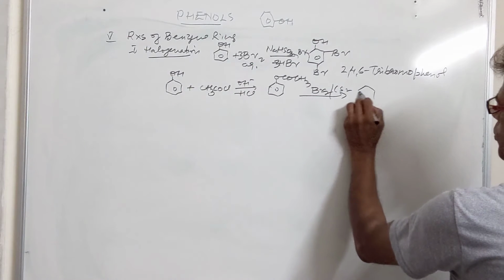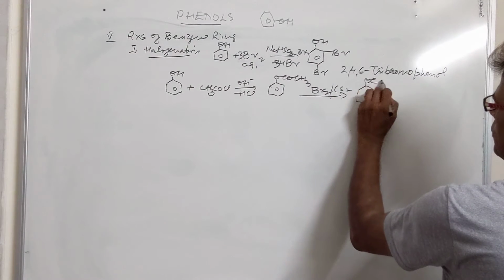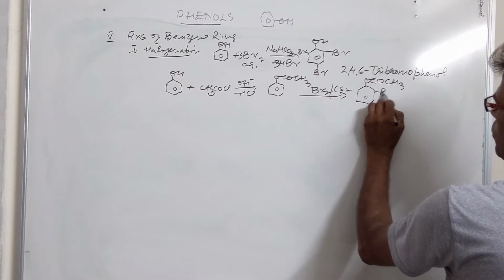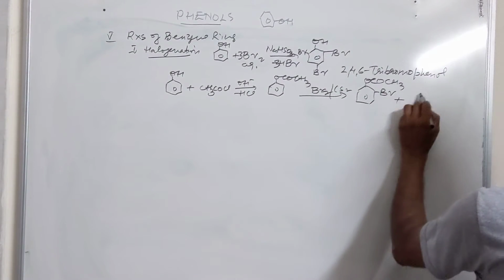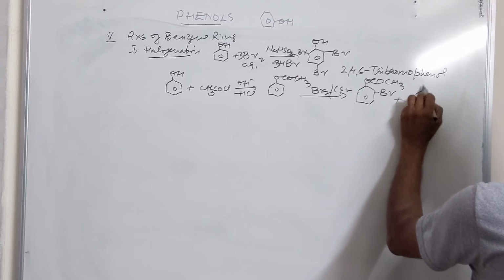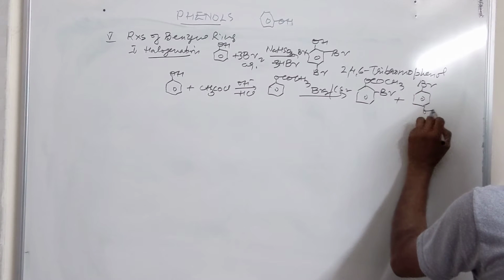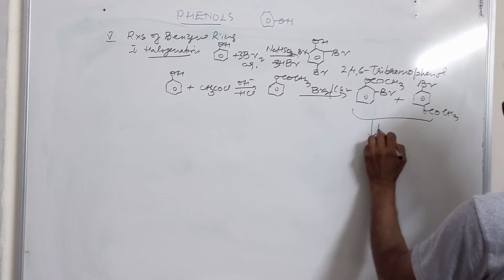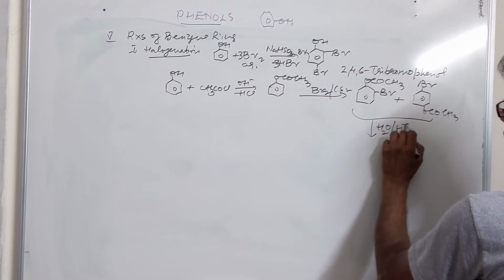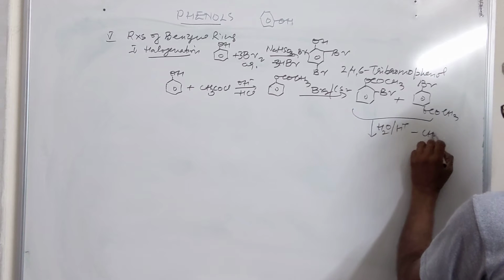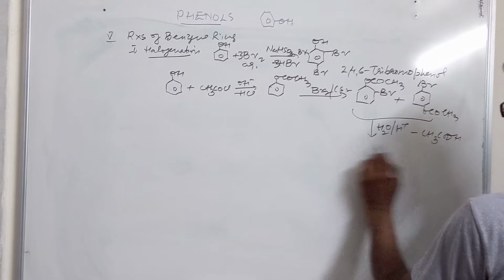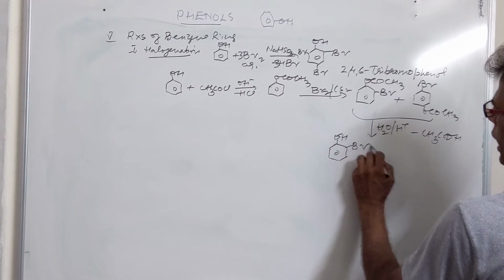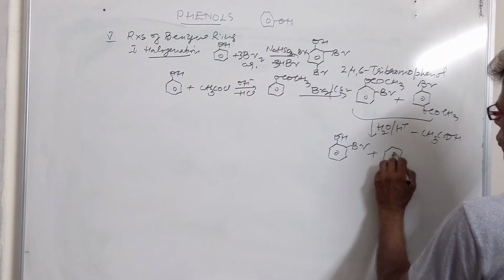Then it will give you 2 products, ortho-acetoxy bromobenzene and para-acetoxy bromobenzene. These 2 products are hydrolyzed with acidified water, and acetic acid is lost from both the molecules, and we'll get ortho-bromophenol and para-bromophenol.